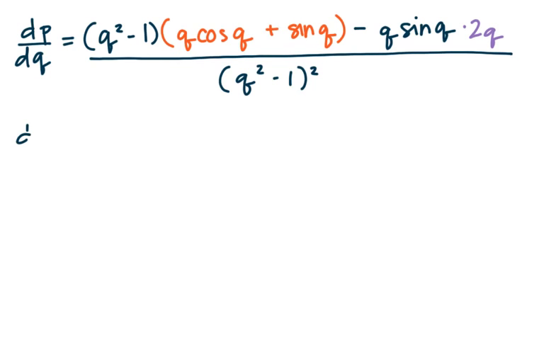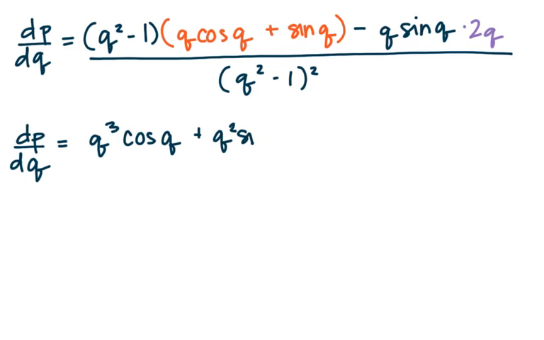And what that gives me is dP dQ equals Q cubed cosine Q plus Q squared sine Q minus Q times cosine Q minus sine of Q. And this last term here, that's going to be 2Q squared sine Q, and it will be negative.